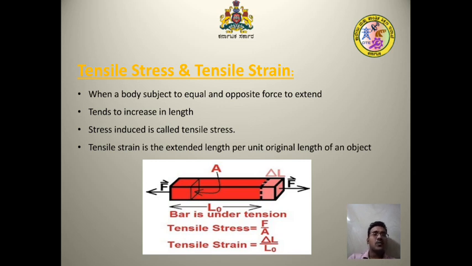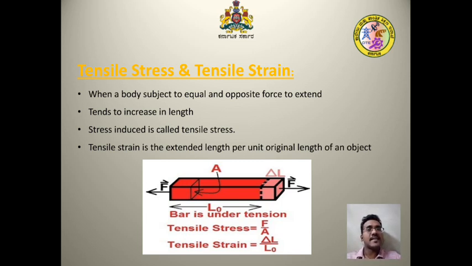So due to the corresponding tensile forces, the change in length divided by the original length is called the tensile strain. Due to this tensile strain, there is a decrease in area but an increase in length. The deformation, that is the change in length per unit length, is called the tensile strain, right?